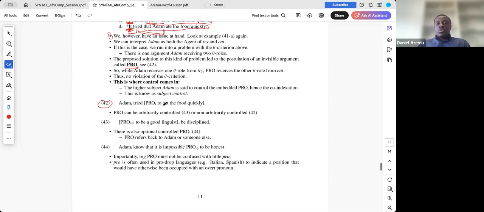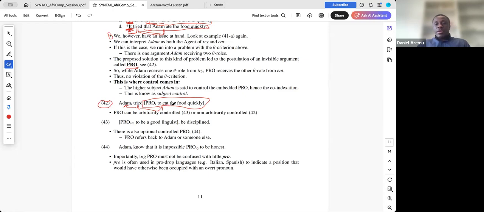So in 42, we have Adam being assigned a theta role by try, and this whole clause is getting the second theta role from try. But we know that it also is a verb that has two theta roles.